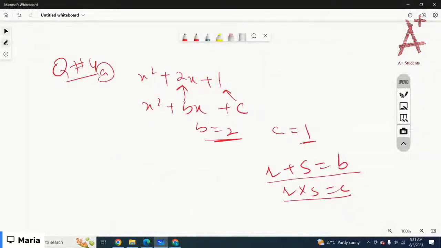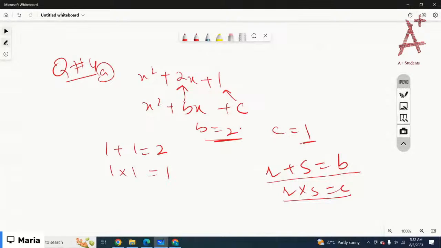So just think of the two numbers. When you add them they make 2, and when you multiply them they make 1. 1 plus 1 makes 2, right? And 1 times 1 makes 1, isn't it?